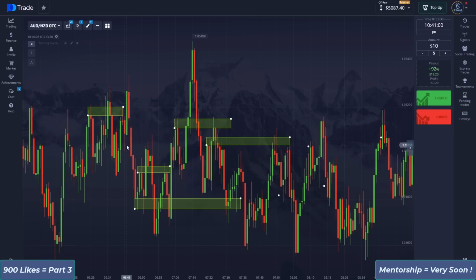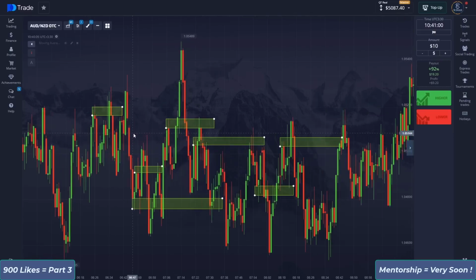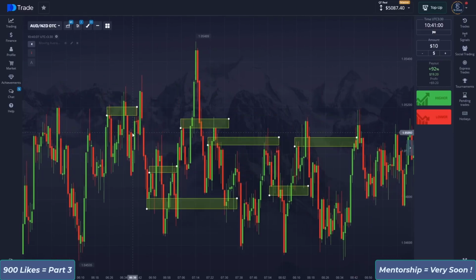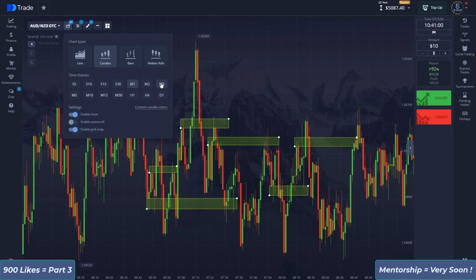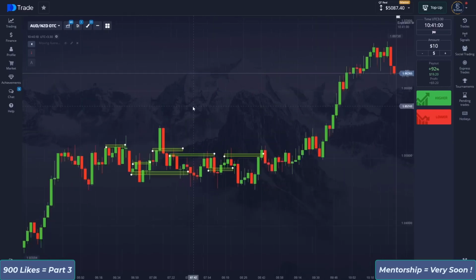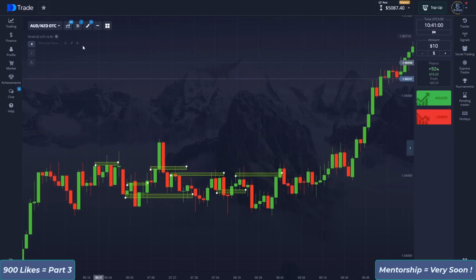Okay, everybody, now I decided to bring you a very nice QM exploration here. I want to show you so many QMs, and there's going to be some practice for you. If you go to the 3 minute time frame, you'll see that this is basically a higher time frame ranging market.